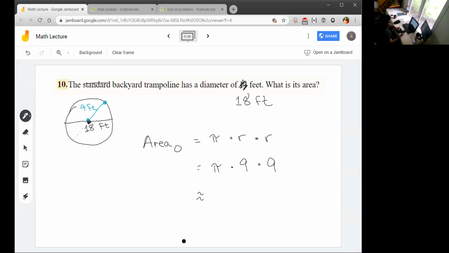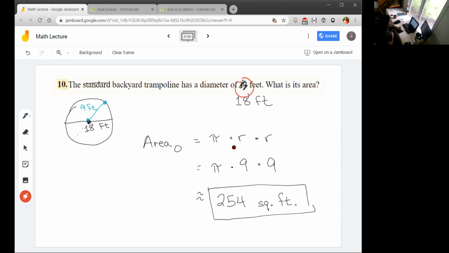So it's about 254 square feet. Your problem that really starts with 14 feet would have a smaller number than that.